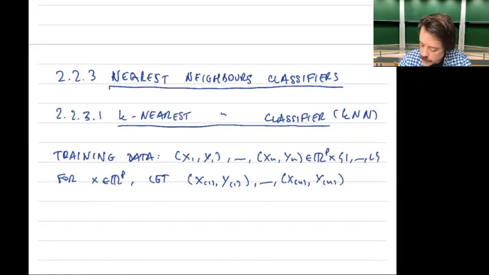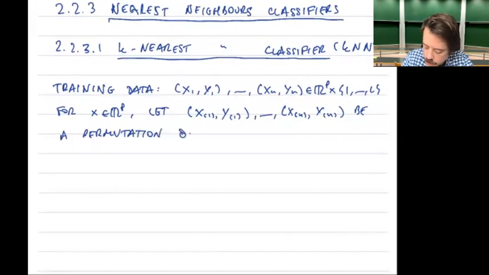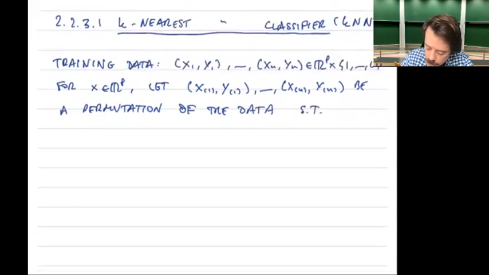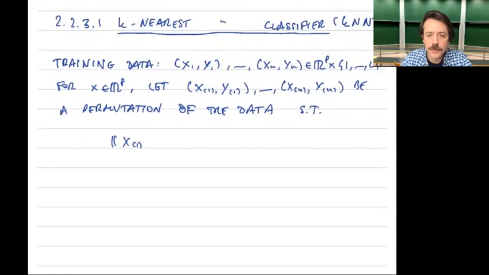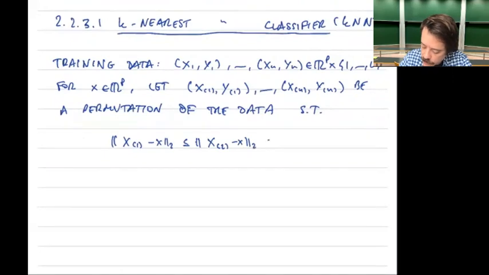So let this be a permutation of the data such that the first element in that permutation has the smallest distance among all distances to x of all of the training data points, and so on.